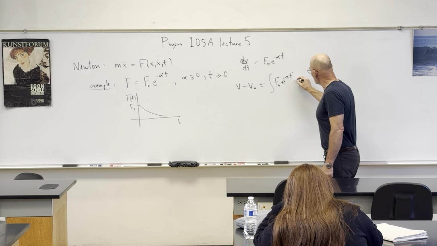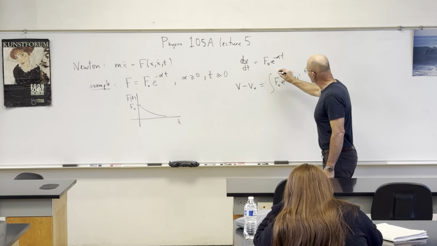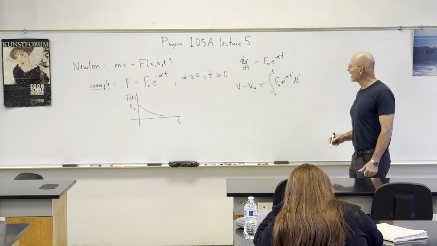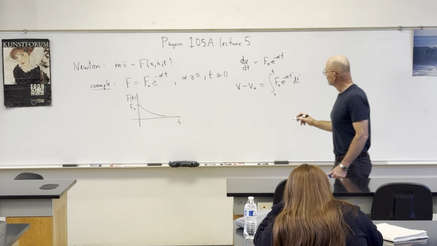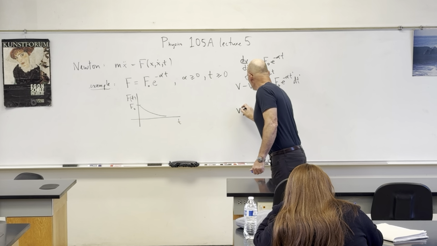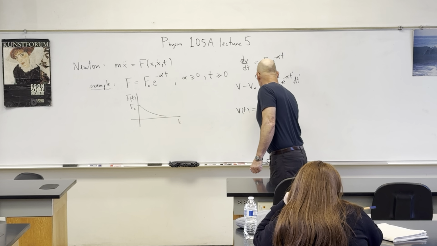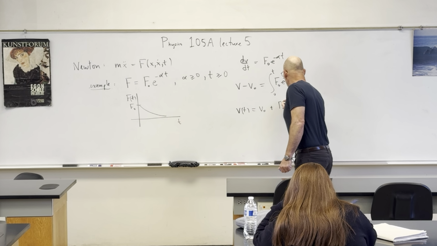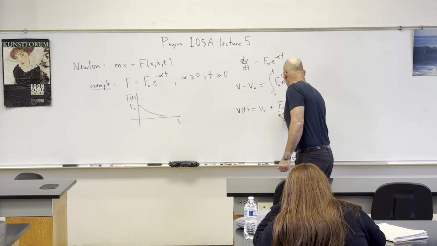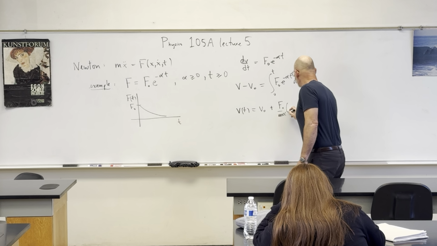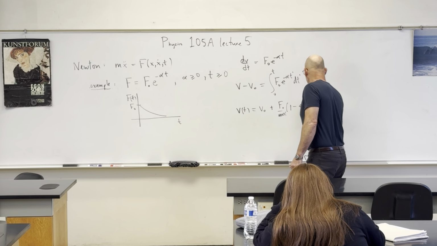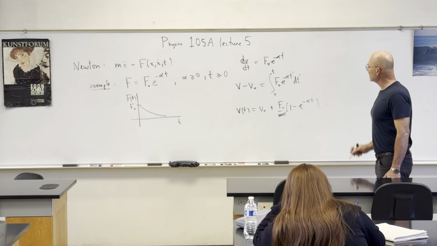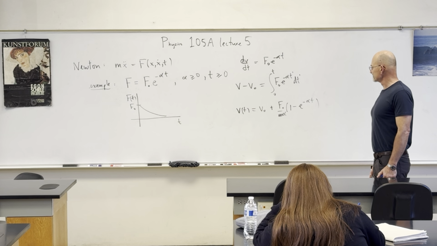I'm saying t prime because the argument t is there. So if we do this, we actually get that result we had last time. v of t is equal to v naught plus, I believe it was, F naught over m alpha times 1 minus e to the minus alpha t. Is that what we had? Yeah. So this thing's already worth discussing.